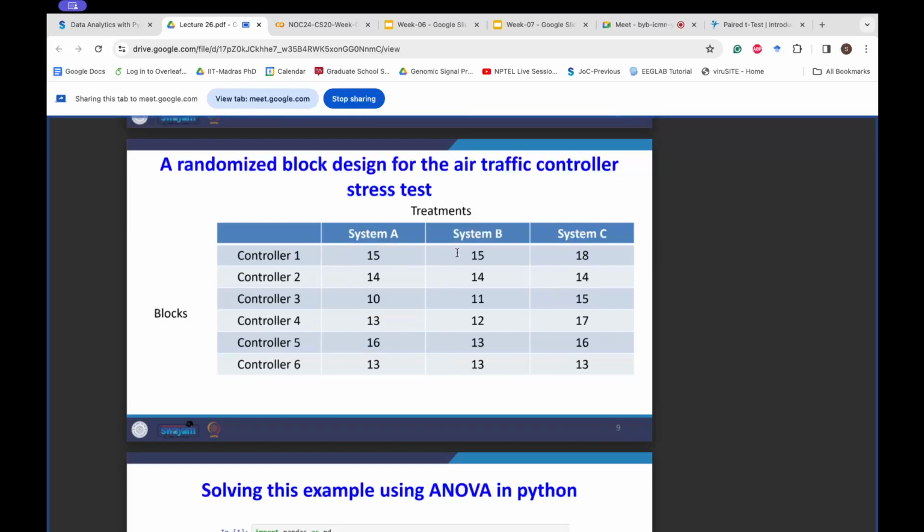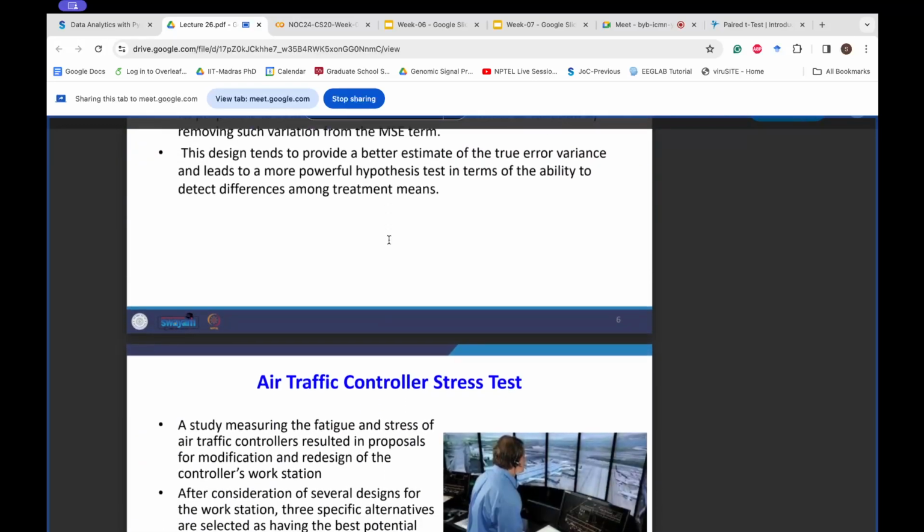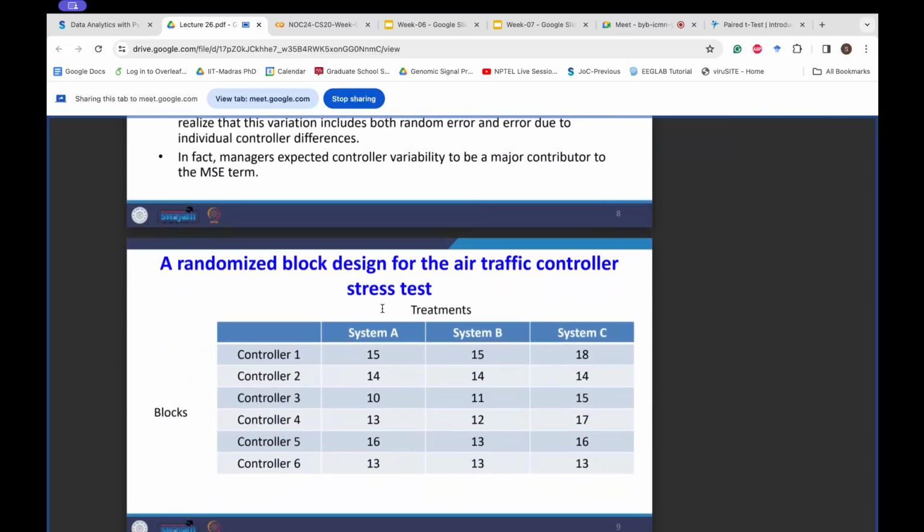But in this problem, the air traffic controller stress test, you had three systems which each of the controllers were using, and each controller had a certain fatigue level for each system. Unlike the fish example, wherein the values were homogeneous, meaning there was no relation between one particular fish and its length across the three groups, here you have three systems and 6 controllers, and each controller has a certain fatigue level for each of these systems.